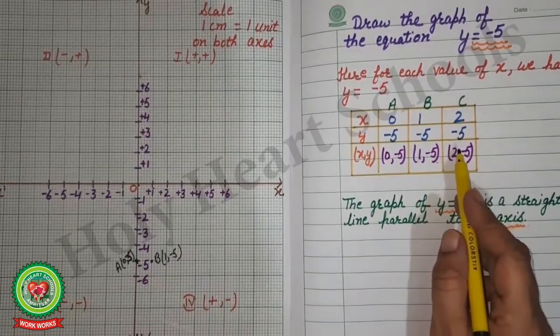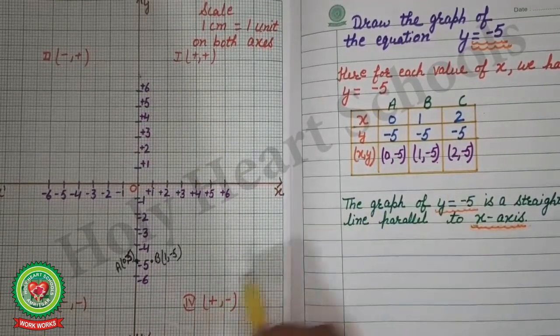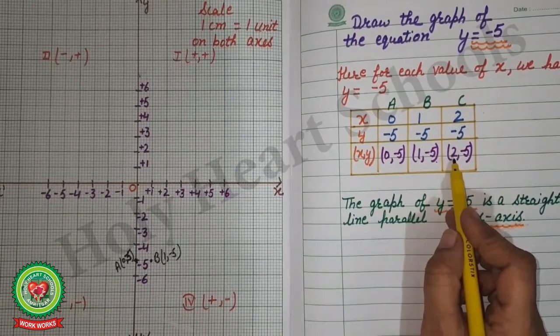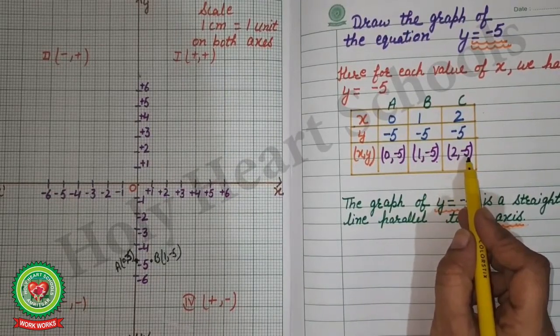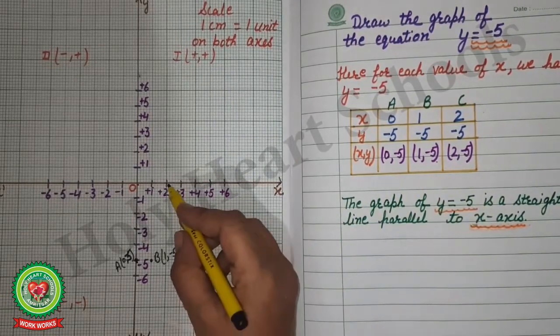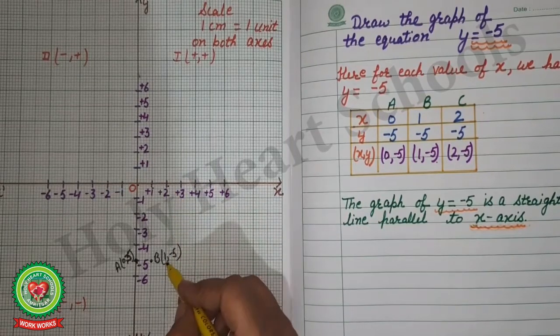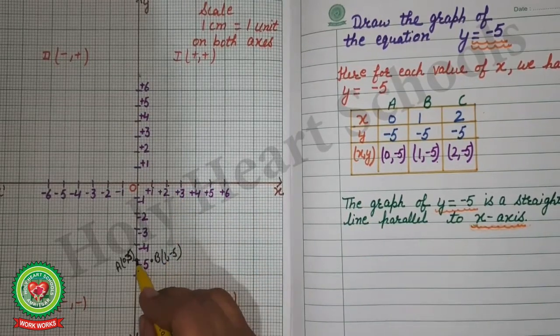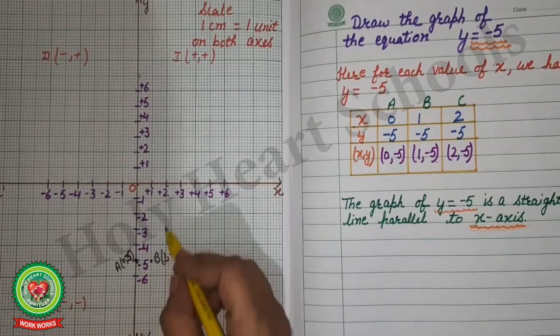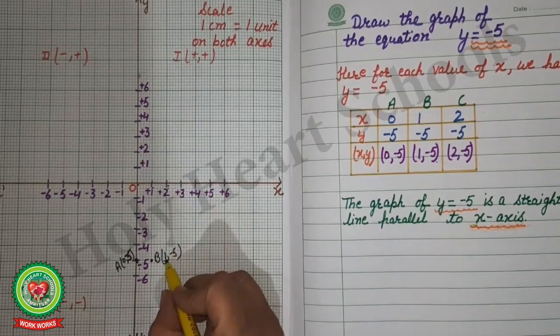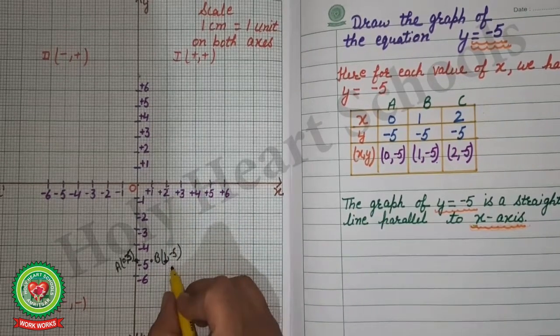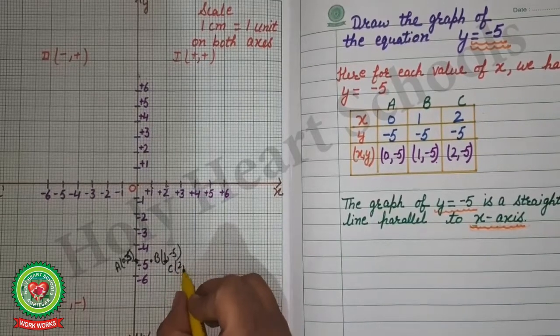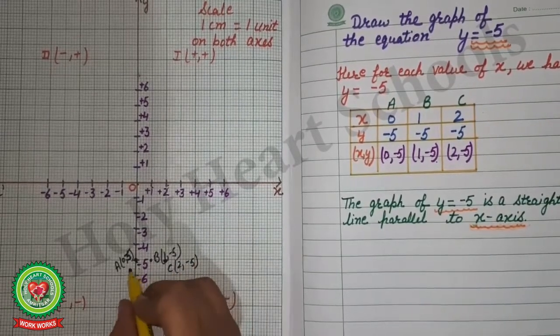Next, C (2, -5). Again the x coordinate is positive and the y coordinate is negative. So it will lie at 2 units of x and 5 units of y. It will lie at this point, and name it C (2, -5).